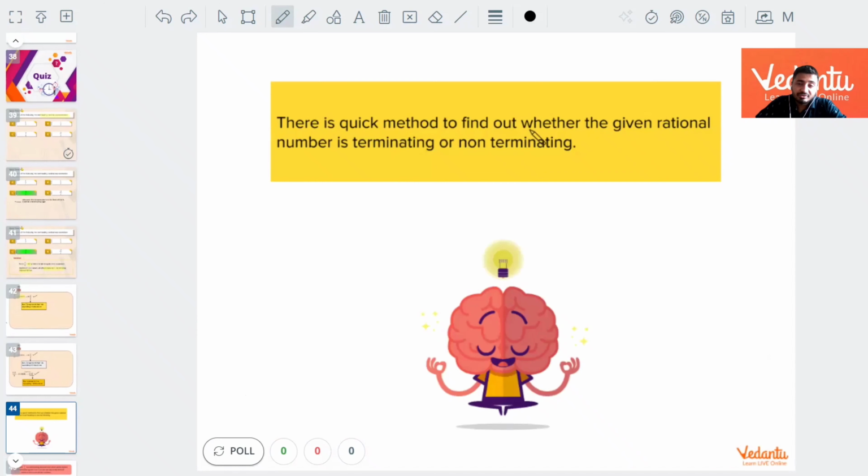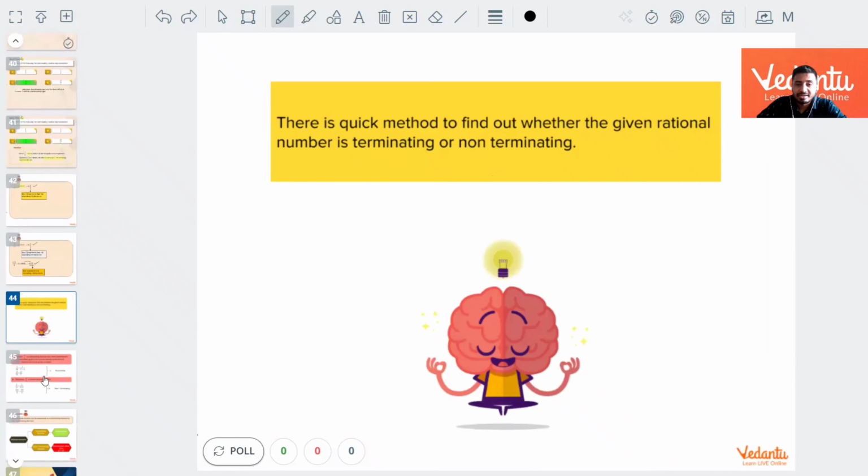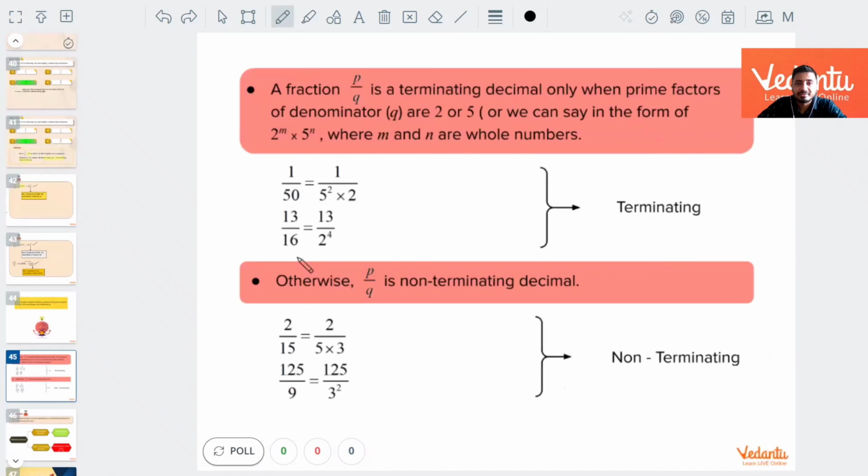Is there any quick method to find out whether the given rational number is terminating or non-terminating? We have already discussed this. I'm giving you the hint once again. A fraction p by q is a terminating decimal only when the prime factors of the denominator are 2 or 5, in the form of 2 to the power m or 5 to the power n. For example, 16 can be written as 2 to the power 4, so it is terminating.